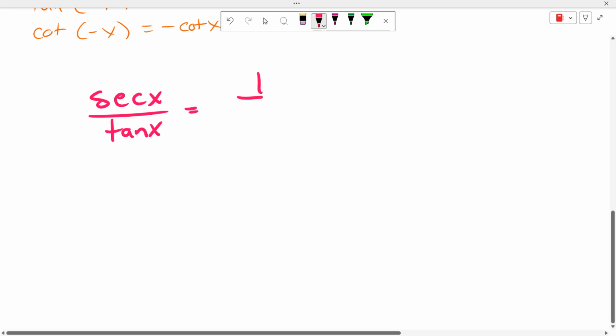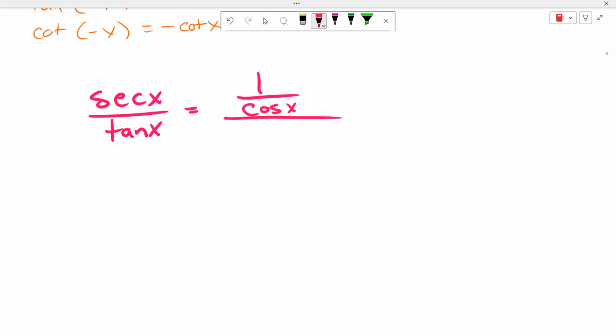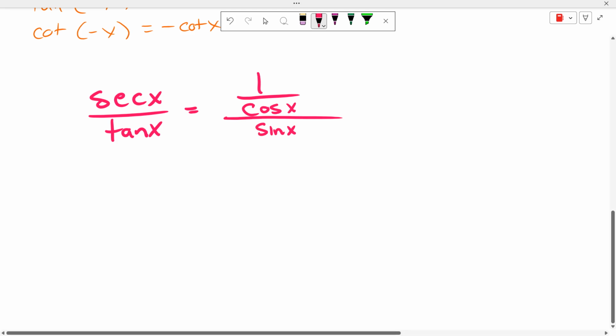So secant from your note card equals 1 over cosine of x. Tangent in terms of sines and cosines is sine of x over cosine of x.